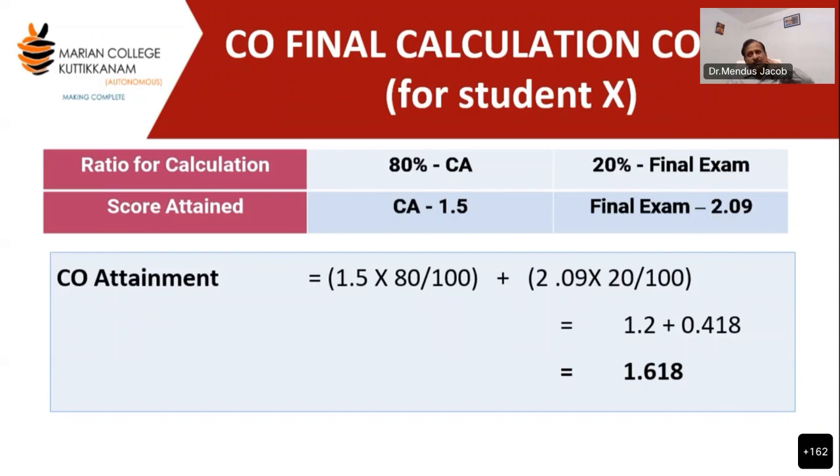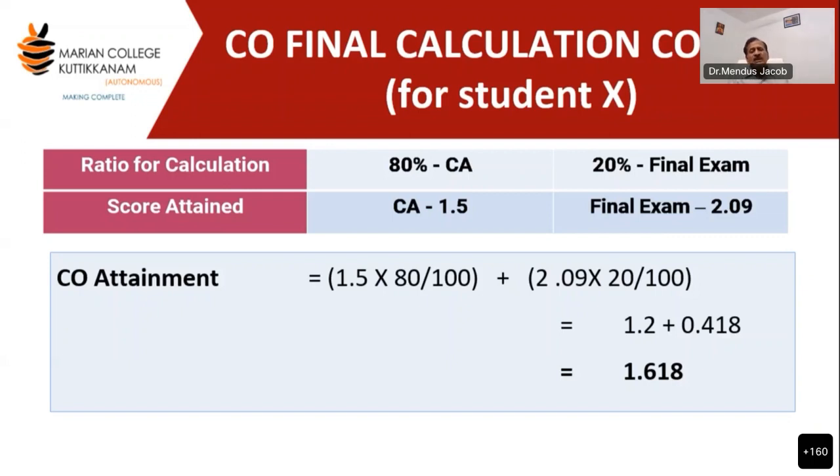We can have any number of activities for continuous assessment: assignment, seminar, debate, whatever activity we can do. It will contribute to the attainment calculation. Whereas for the external examination, the student will be sitting there for 3 hours and writing the exam. And in that 3 hours, we cannot assess a student according to the outcomes.